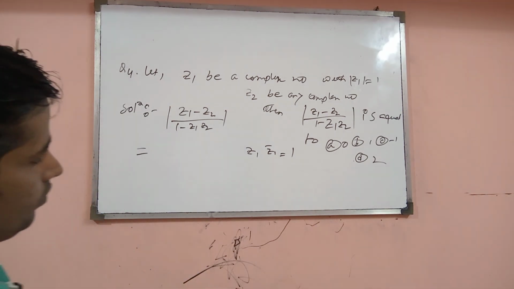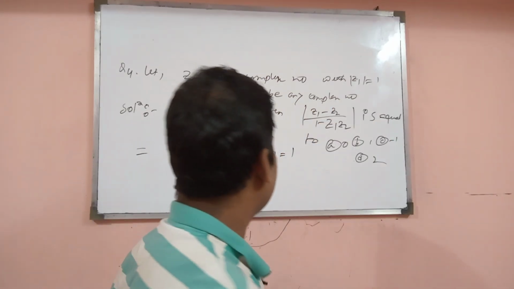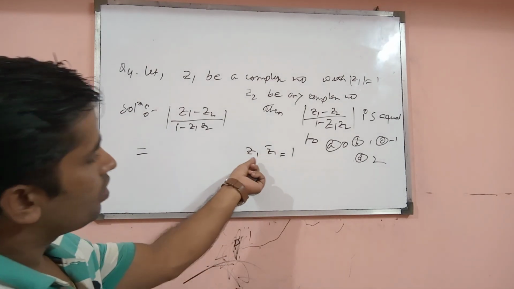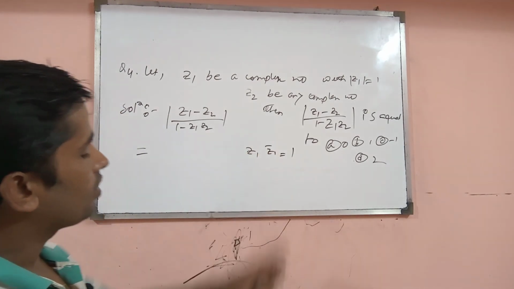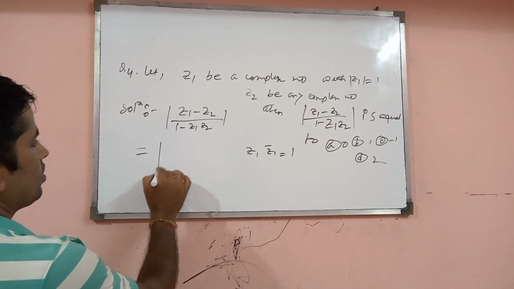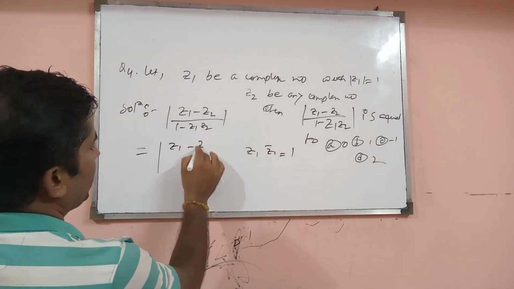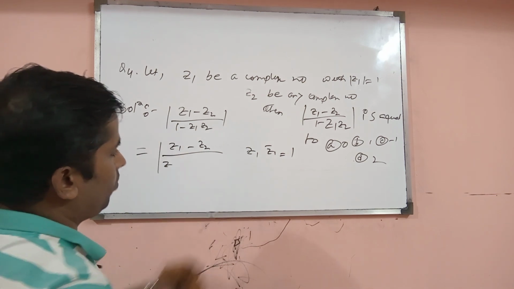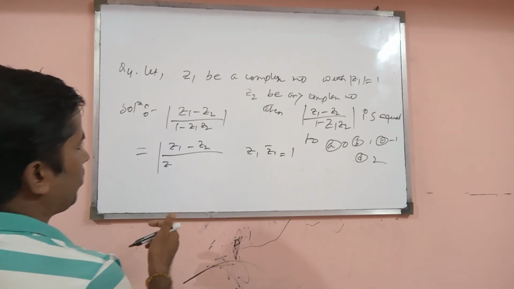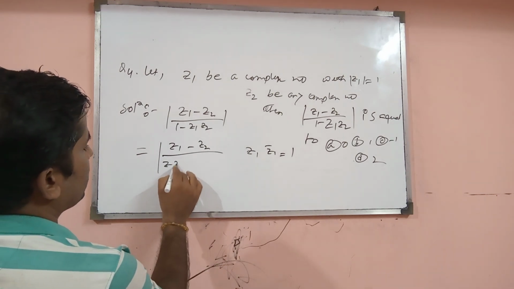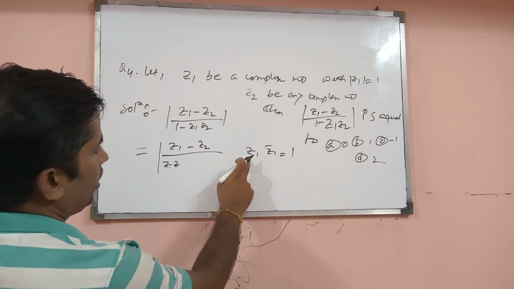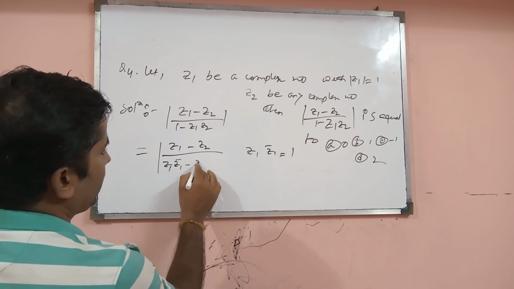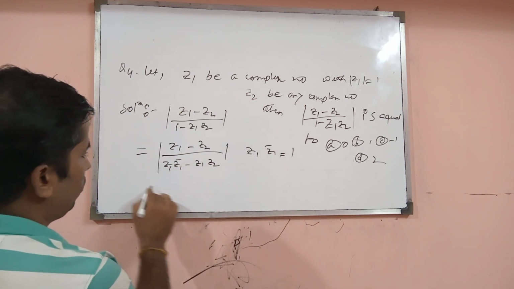Okay, based on this, we must say that z1 bar mod, so z1 bar is equal to 1. So 1 can be replaced with z1 z1 bar, so z1 minus z2 by z1 z1 bar minus z1 z2.